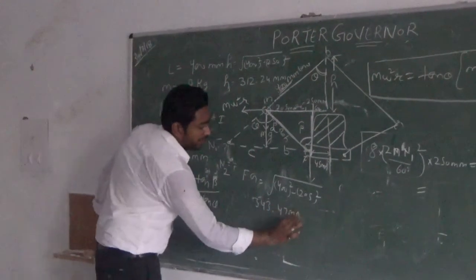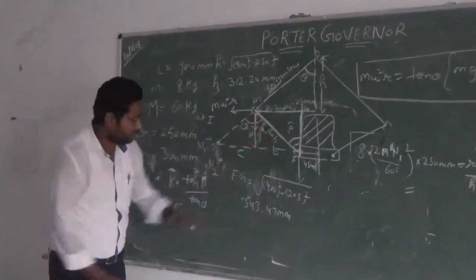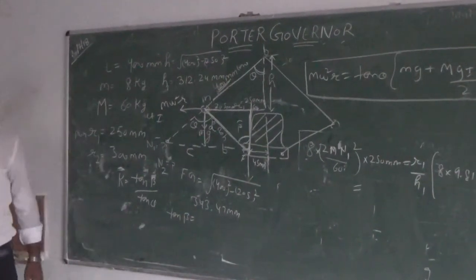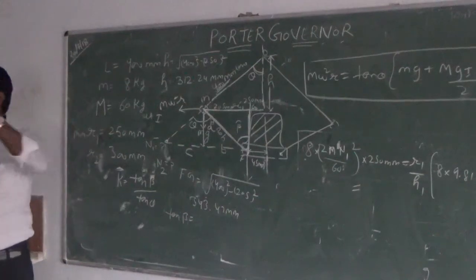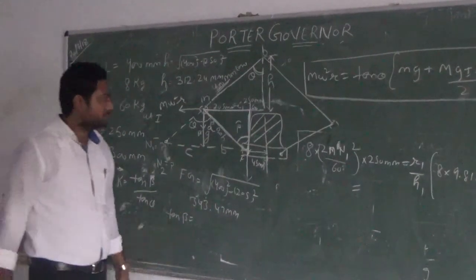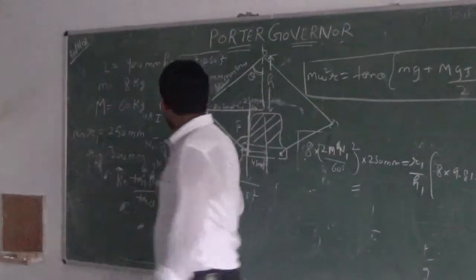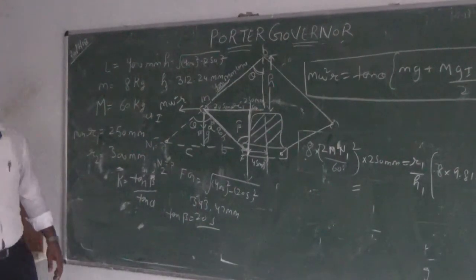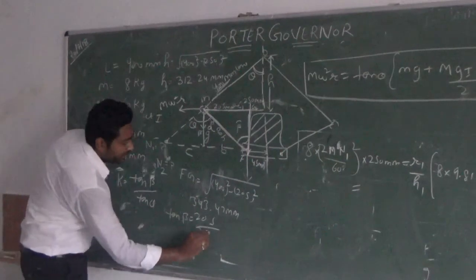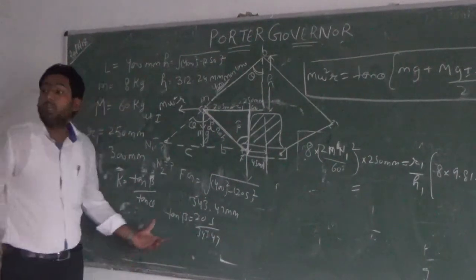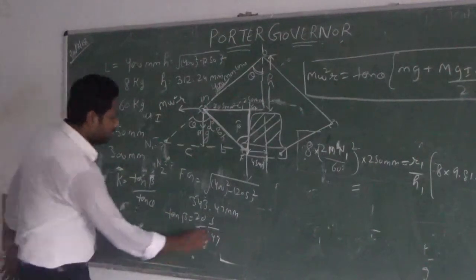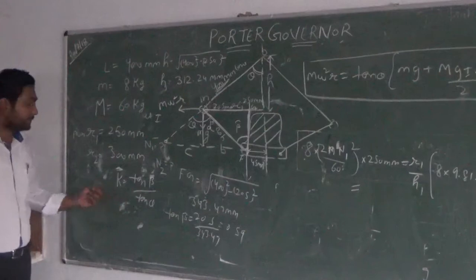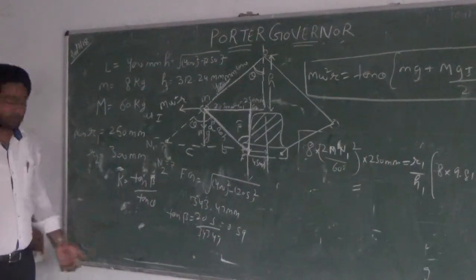Now, what is tan beta? Upon 343.47, calculate. 0.59, and then tan theta is 0.80.